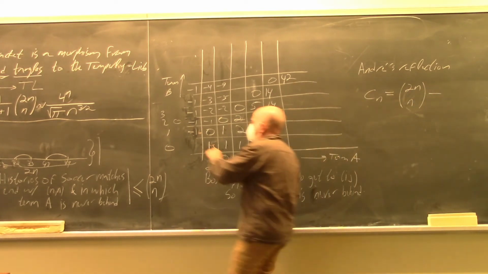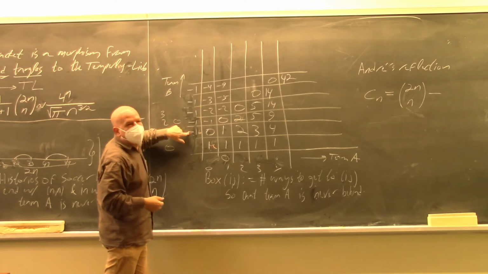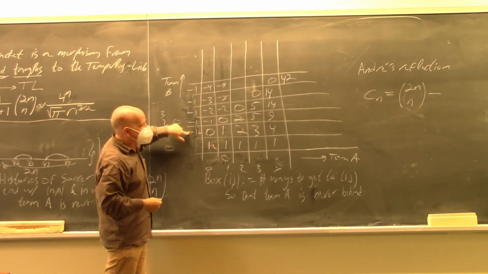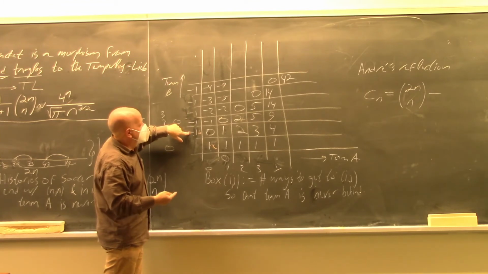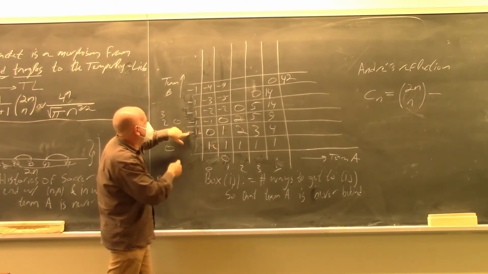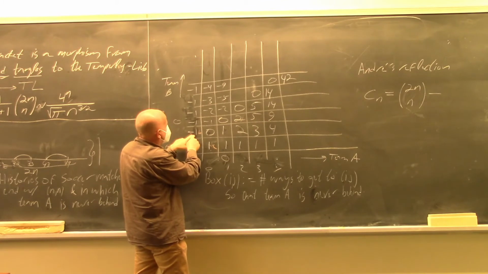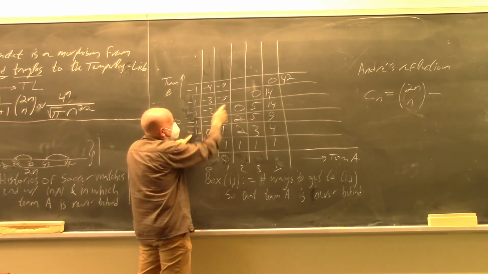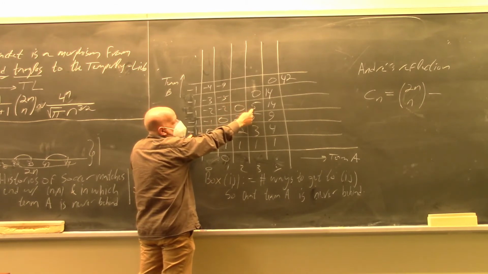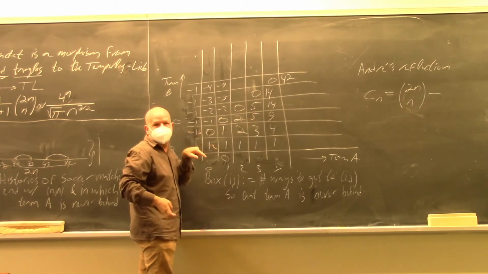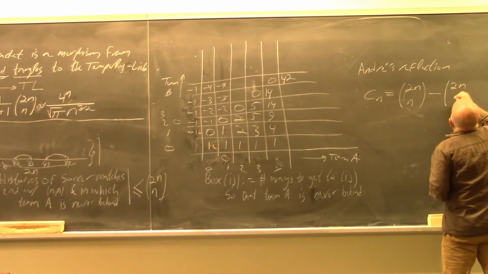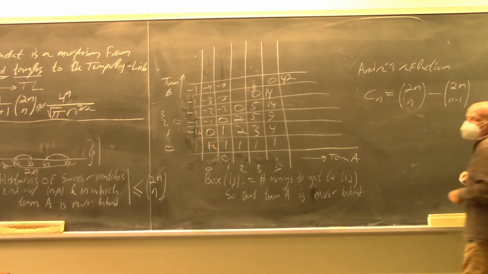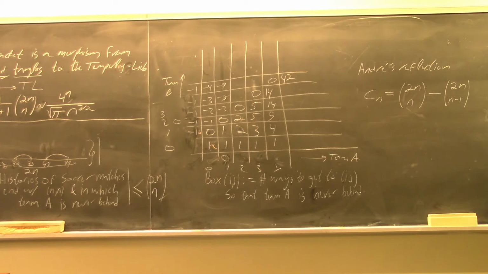So Cn is 2n choose n minus the contribution you would get from the -1. If you think about it, in Pascal's triangle, instead of looking at the center element, you look at one element off the center. So this is 2n choose n minus 1. Okay?